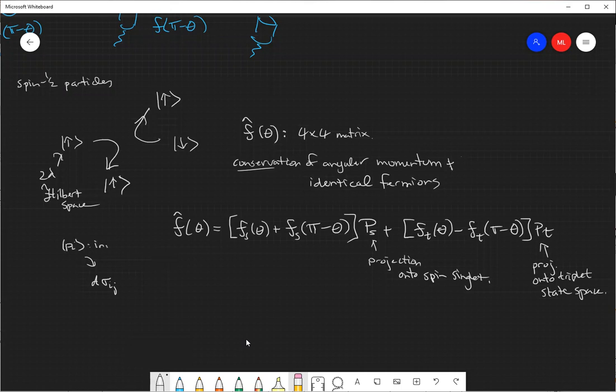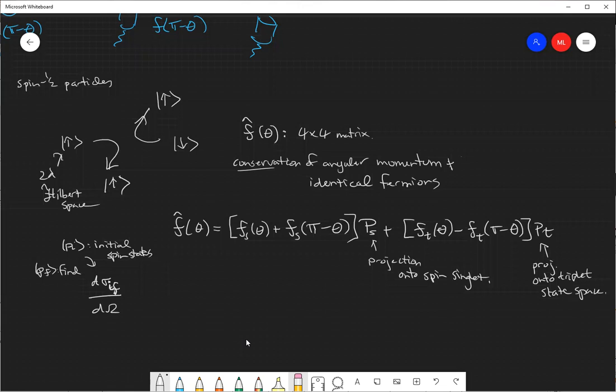These are the initial spin states for the two particles, and then you would have some final spin states. And then you would have a differential scattering cross-section for each of the possibilities for the incoming and outgoing states. So again, there would be 16 of those combinations.